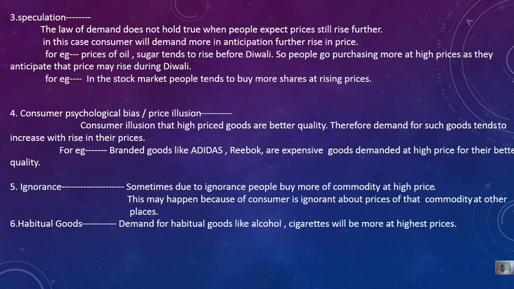Next, habitual goods. Demand for habitual goods like alcohol and cigarettes is such that people buy more even at the highest prices, because consumers have a habit of these goods. That's why they buy these goods to satisfy their wants and needs, even when their prices are high.